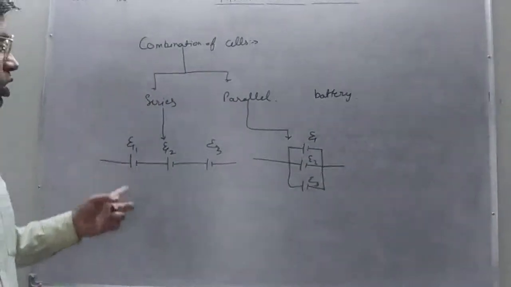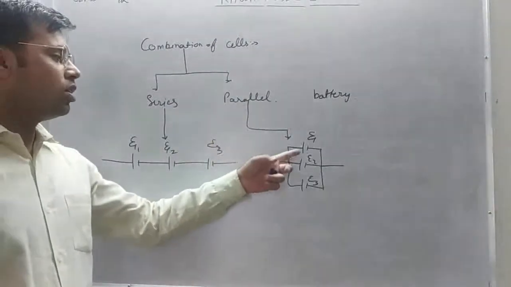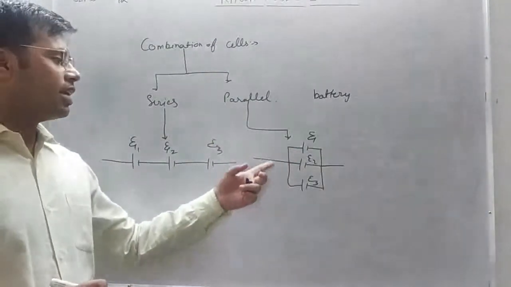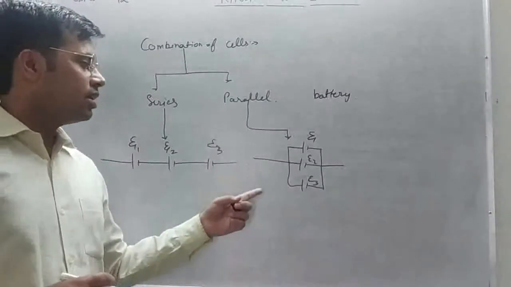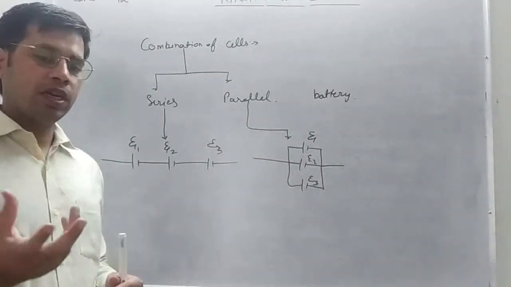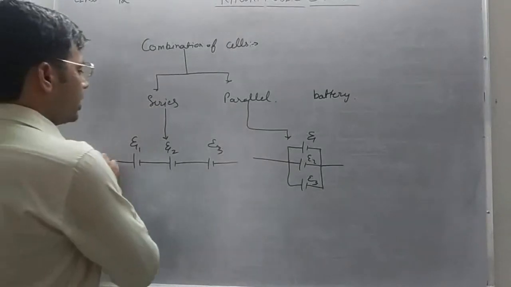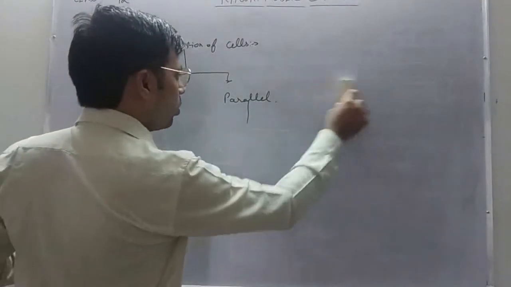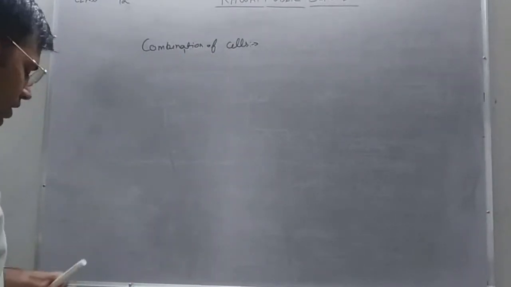So this is series combination, meaning back-to-back combination, and this is parallel combination. All the one kind of terminals are connected together and all the opposite kind of terminals are connected together. Such a combination is a parallel combination. So now let us discuss every combination one by one. The first combination is series combination.